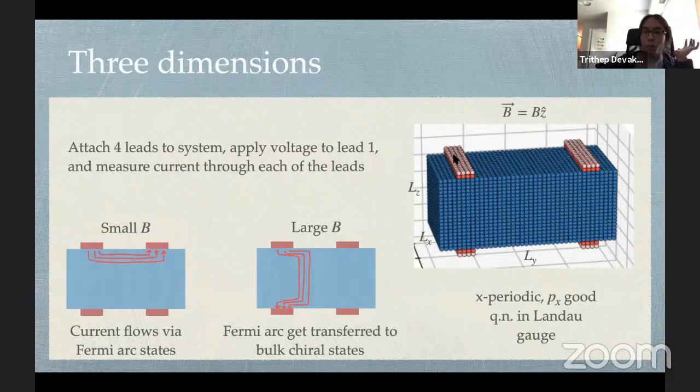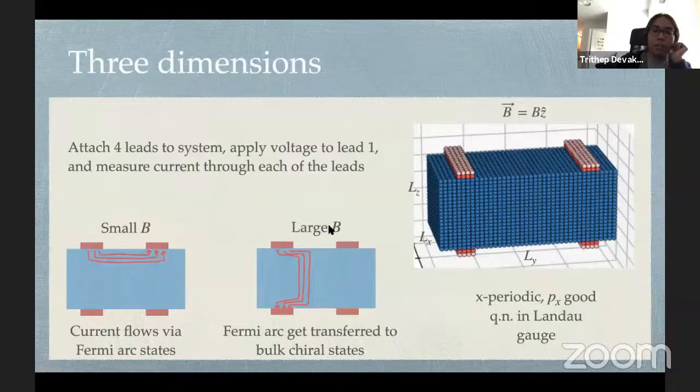Or rather than putting a current, let's apply a voltage to here and ask what happens. So at small B, what happens is that this voltage just directly couples to the current in the Fermi arc states, and you just directly flow along these Fermi arc states, and you exit this other lead in the top surface. So this is a projection onto the YZ plane of this picture.